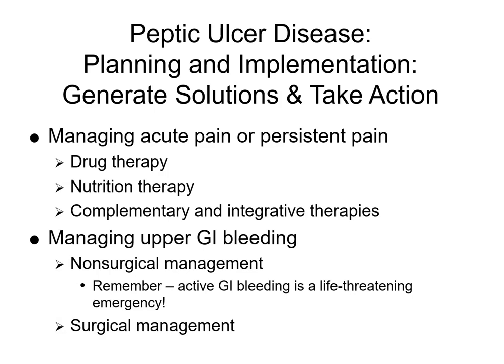You're going to assess their GI and cardiovascular status by monitoring their vital signs, their skin color, noticing any pain, any changes in their bowel elimination. You're going to notice their hemoglobin and hematocrit, listen for bowel sounds, and palpate for any areas of tenderness.